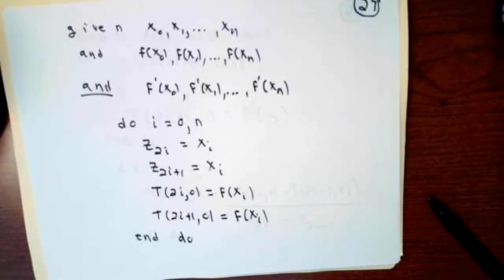So in an attempt to get better polynomials, I'm going to assume that not only do I know the x values and the corresponding function values, but I also know the values of f prime at x0 through xn. To initialize my data, I'll do this loop.